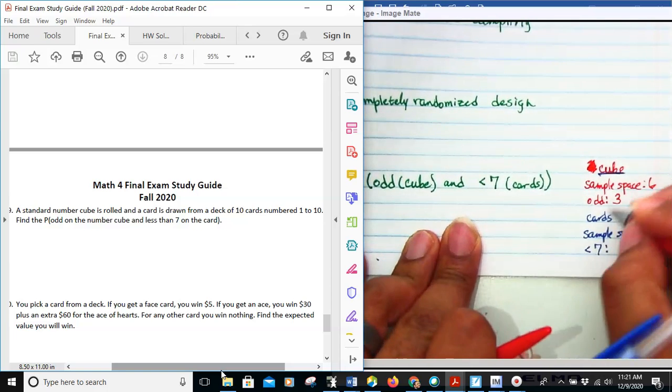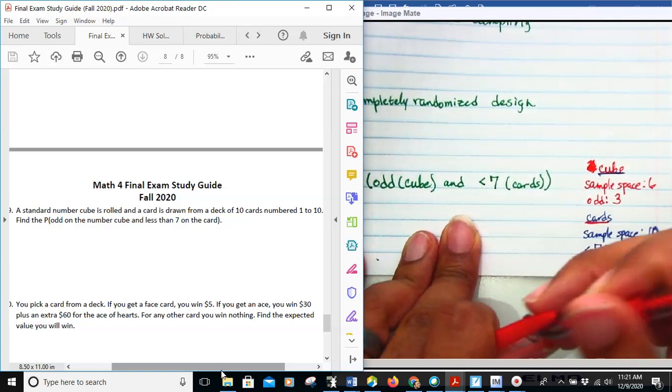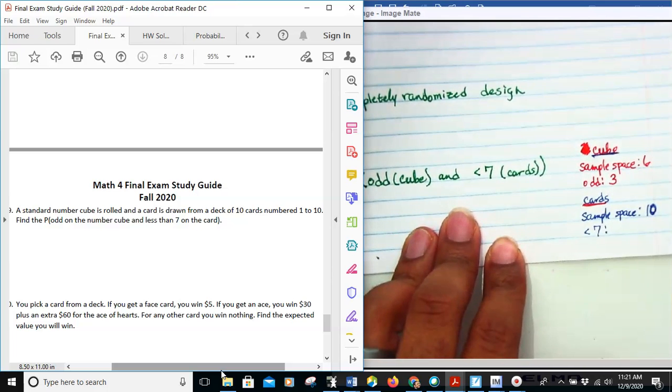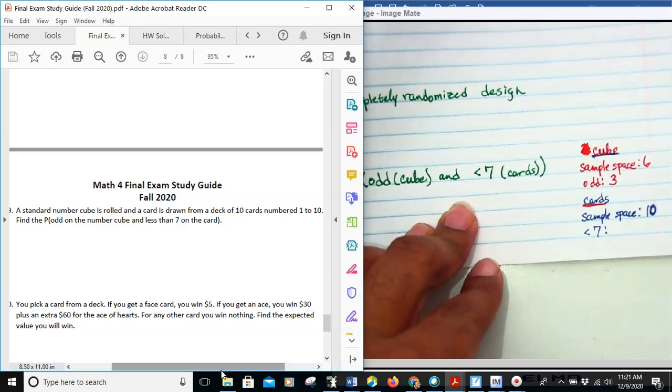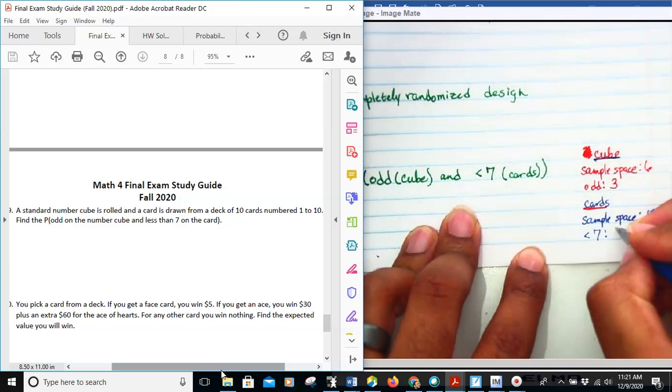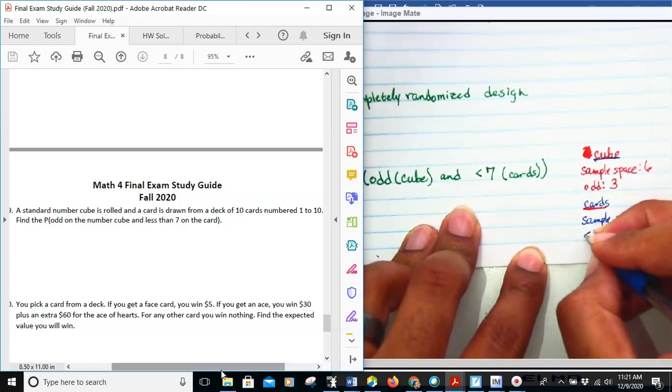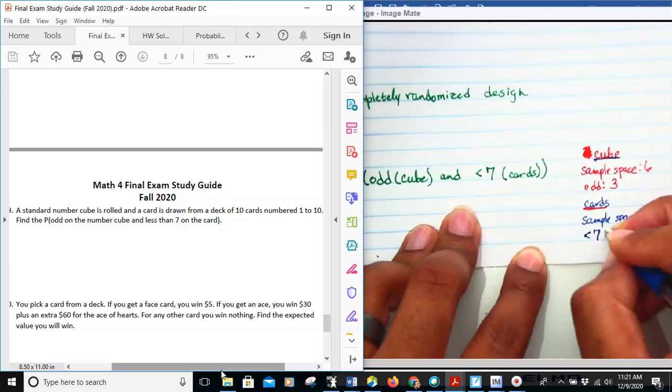If we're going 1 through 10, how many cards are less than 7? That means 1, 2, 3, 4, 5, 6 are all less than 7. 7 is equal to 7, so it's not less than. So there's 6 cards that are less than 7.